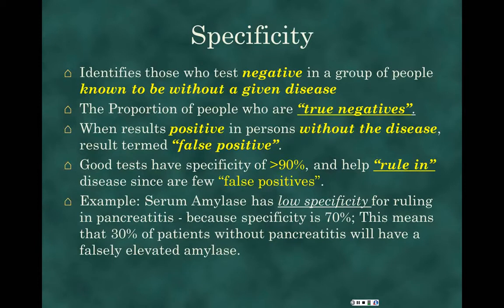Good tests have a specificity of over 90% and help to rule in the disease since there are very few false positives. For example, serum amylase has a low specificity for ruling in pancreatitis because specificity is less than 70%. This means that 30% of the patients without pancreatitis will have a falsely elevated amylase.